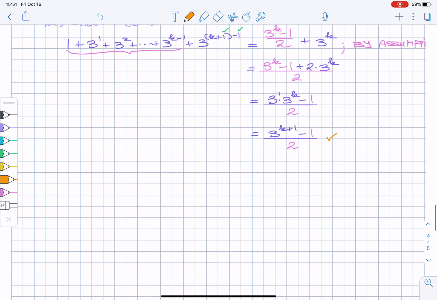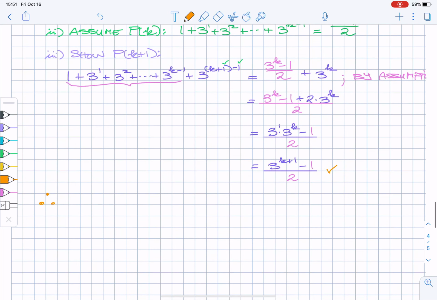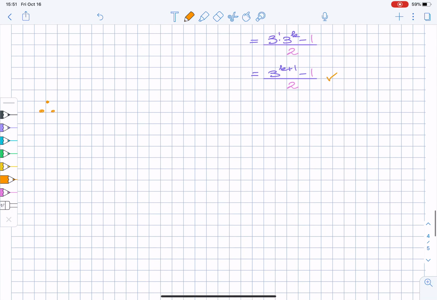So therefore, I claim that the sum of 1 plus 3 to the first plus 3 to the second plus dot dot dot plus 3 to the n minus first is indeed 3 to the n minus 1 all over 2 by induction.